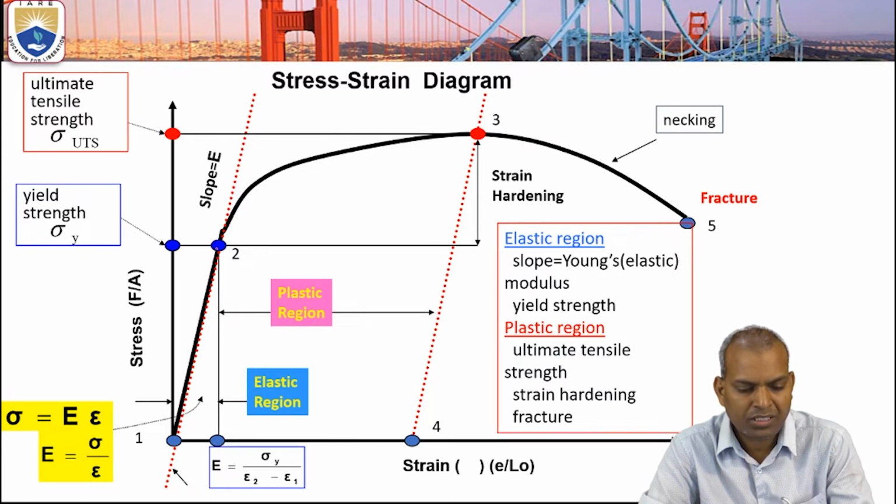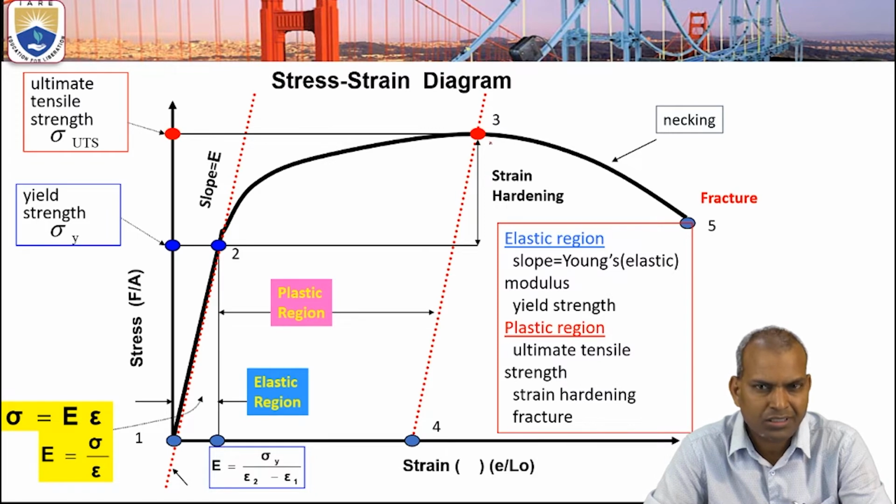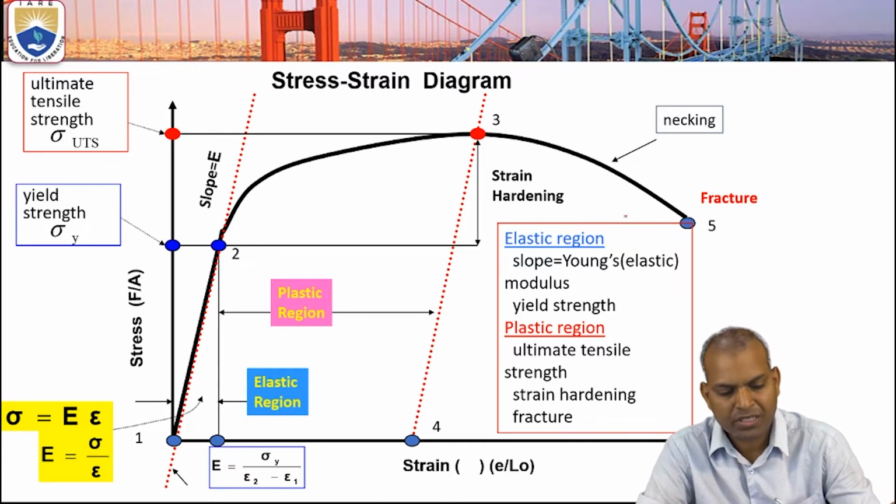Beyond the elastic region, beyond point 2, if the load is applied, the stress increases and is proportional to the strain up to point 3. Point 3 is known as the ultimate tensile strength of the material. If the load is still applied, it goes up to point 5, where the fracture takes place.